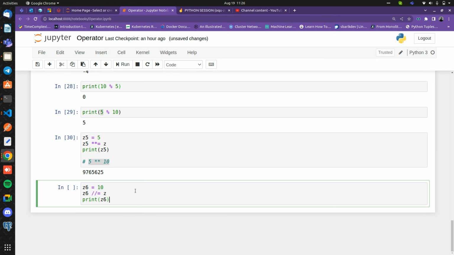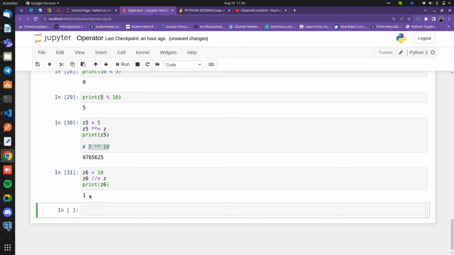So the output will be my what? It will give me 1, because 10 divided by 10 gives me the output 1. This is not the remainder, but this gives the quotient as output.